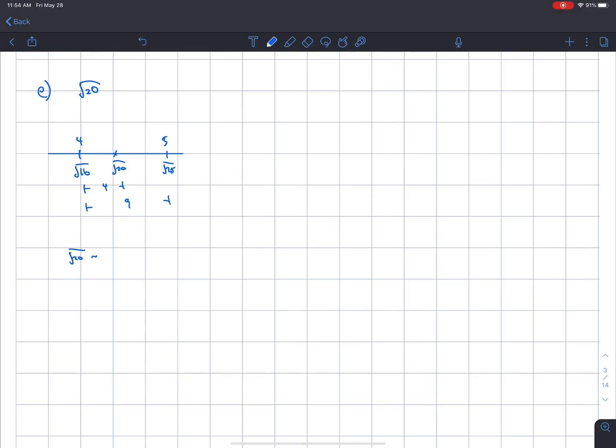So the square root of 20 is roughly equal to 4 and 4 over 9. This equals 4.4. If you divide 4 over 9, you will get 0.4. And now I've checked with my calculator and I get 4.5. So again, we're off just by a little bit.